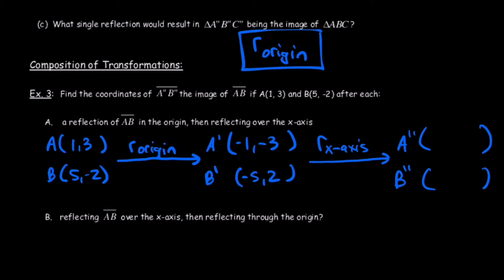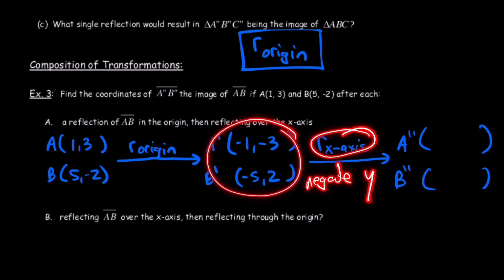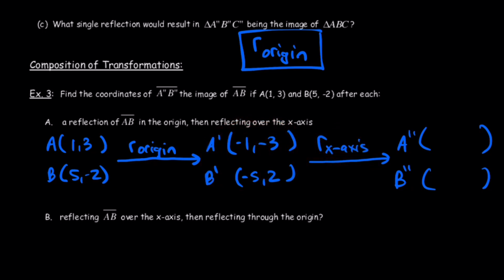So again, remember our rules. Reflecting in the x-axis means negate y. I'm taking these coordinates here, I'm going to negate the y in each one. So A double prime becomes (-1, 3), and B double prime becomes (-5, -2). All right, so that first part is done.